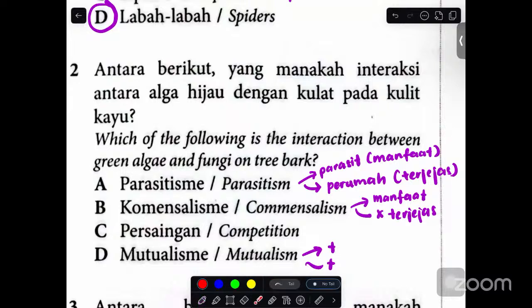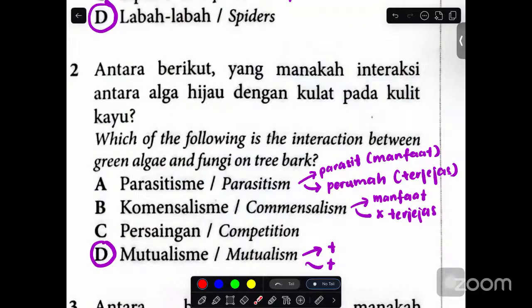Okay, untuk yang ini, alge hijau dengan kulat pada kulit kayu adalah contoh mutualism. D. Kenapa mutualism, teacher? Because this algae hijau, dia akan membuat makanan melalui photosynthesis.